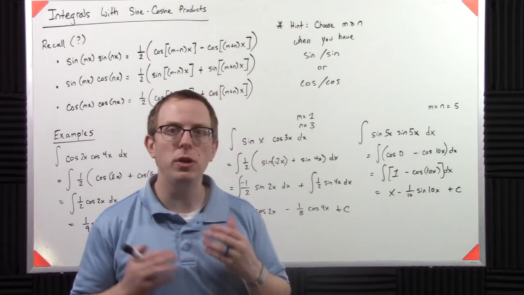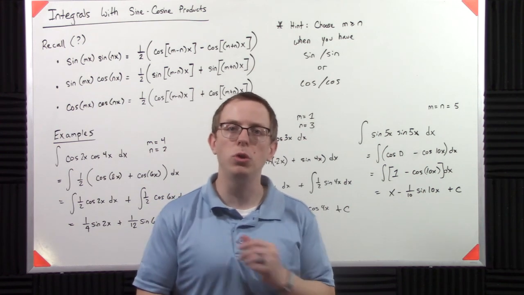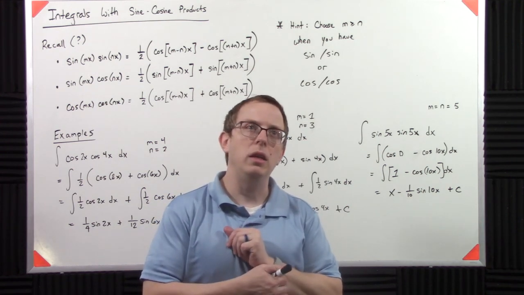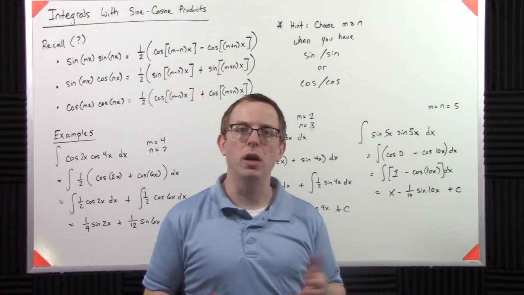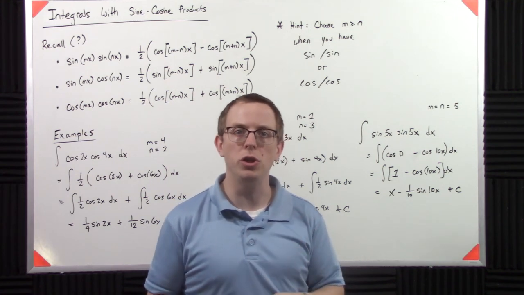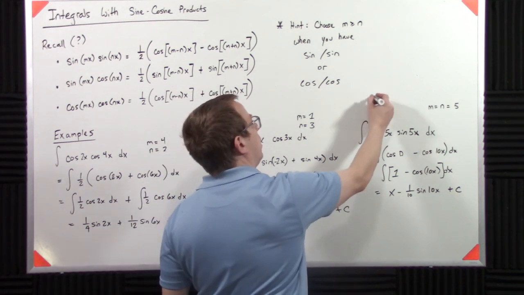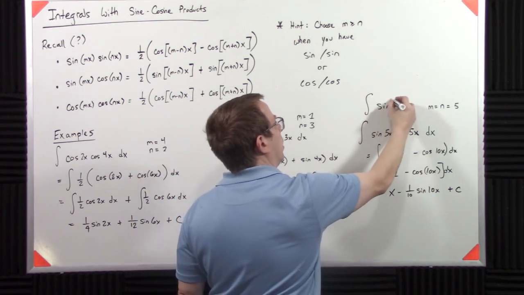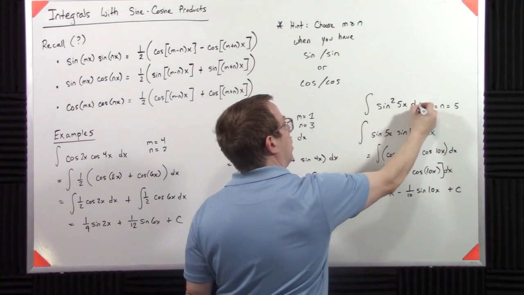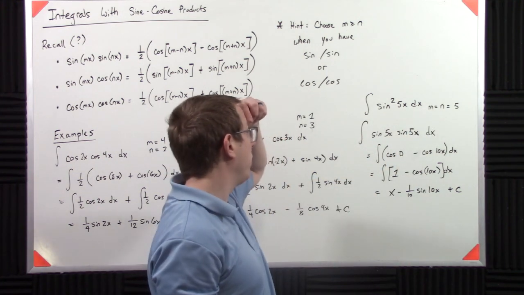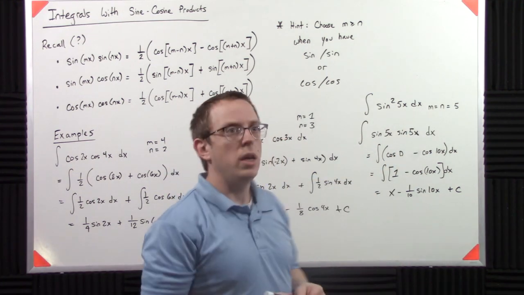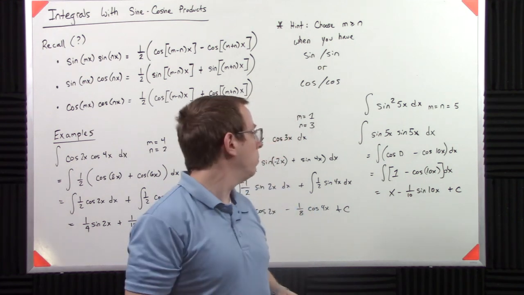So you get some interesting behavior there when they're equal to each other, but it's not that big of a deal because in the case that they're equal, you wouldn't usually write it like this. You would actually write it like sine squared 5x dx, right?